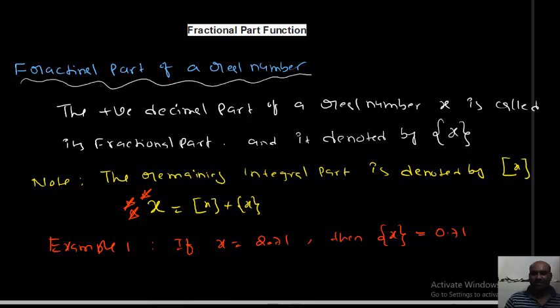Next, the integral part is equal to 2. Now another example, example 2. x is equal to 7 given. What is the decimal part? I can say 0 is the decimal part, 7.00 you can write. So what is the integral part? I can write 7.